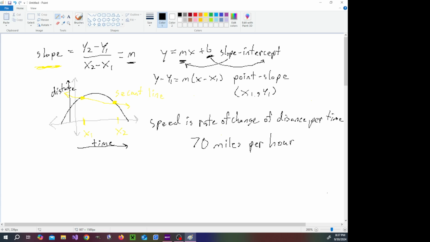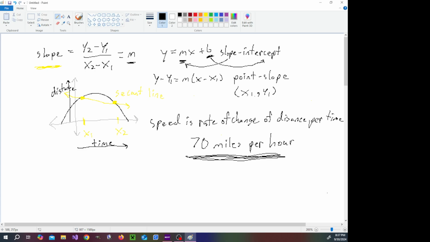But we don't only talk about speed as something that happens over an interval of time, right? When you are driving, you see that the speedometer, I forgot the word for it, says how fast you're going, right? We see these signs that say 70 miles per hour, and it's telling you how fast you're going at that moment.